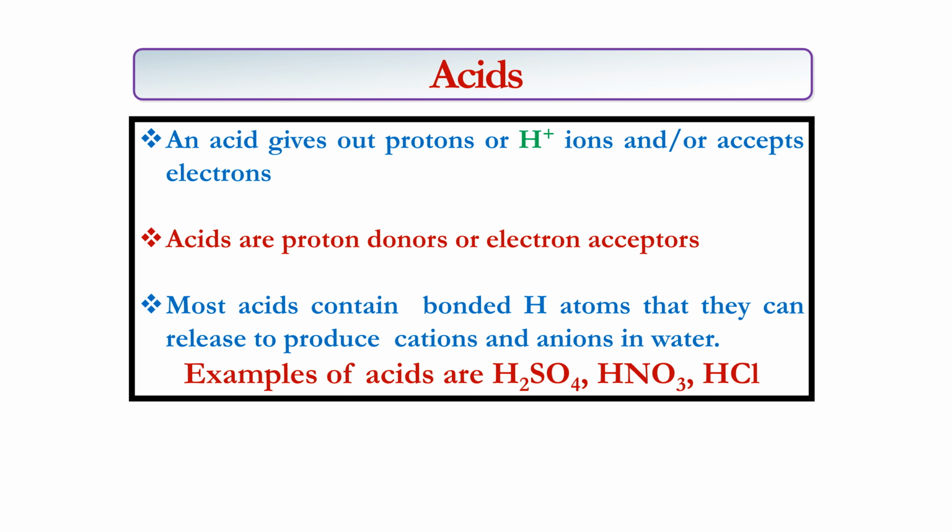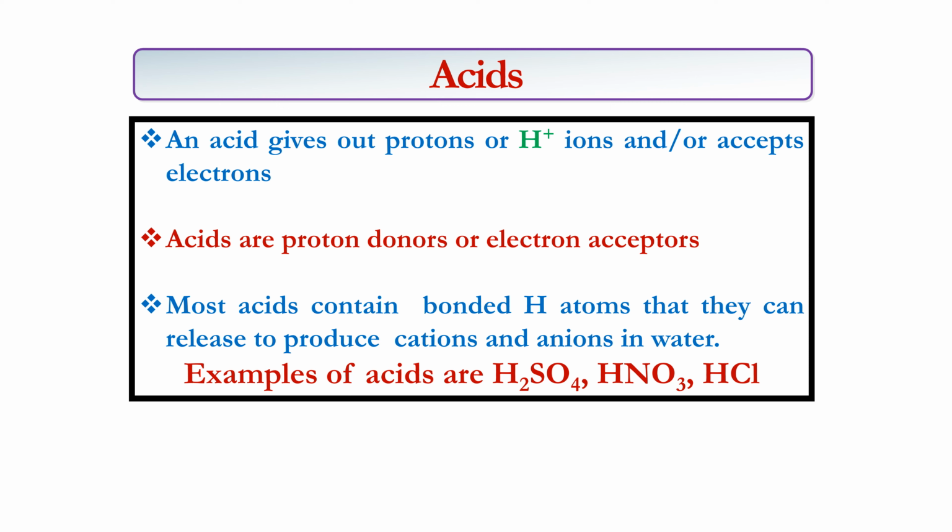In chemistry, an acid is a chemical species that donates protons or hydrogen ions and or accepts electrons. So an acid can either donate protons or it can accept electrons. So acids are proton donors or electron acceptors.